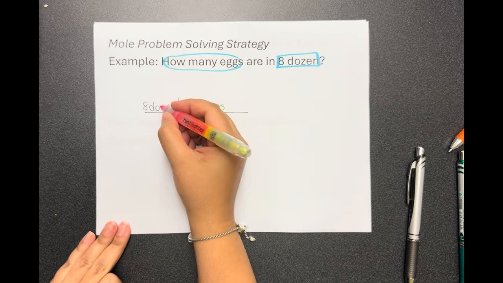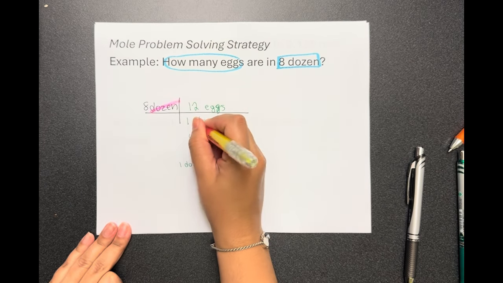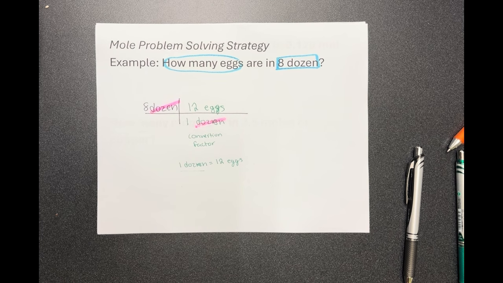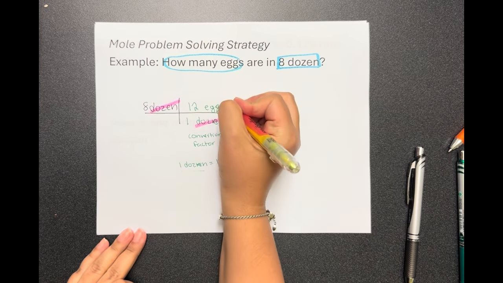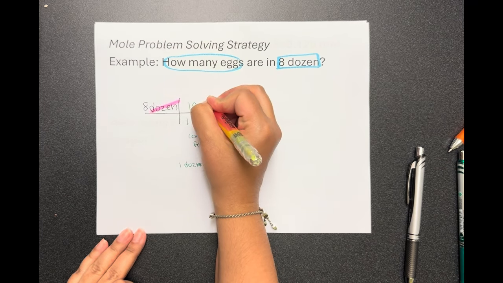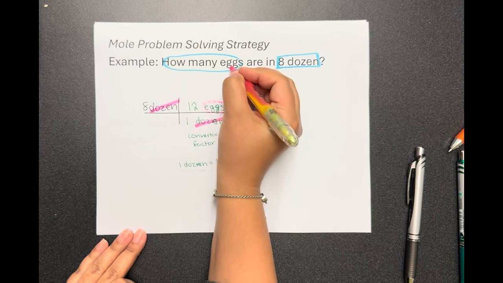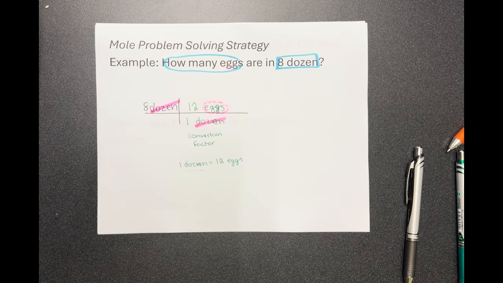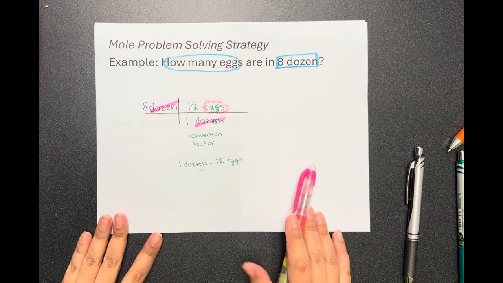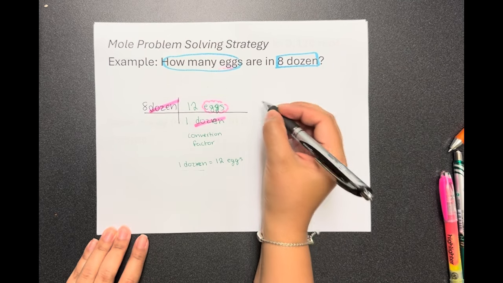By doing this, the unit dozen and dozen cancel each other out. The only unit that's left uncrossed is eggs. That's what the question is asking me for. So when I find the answer to this problem, it's going to be in eggs.